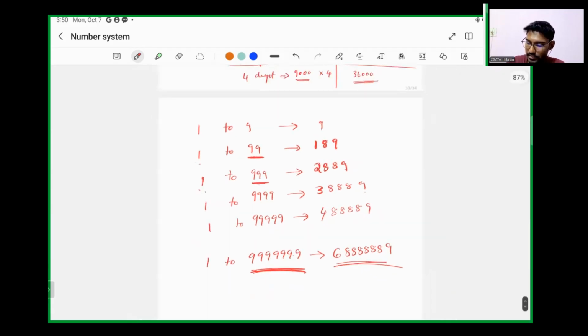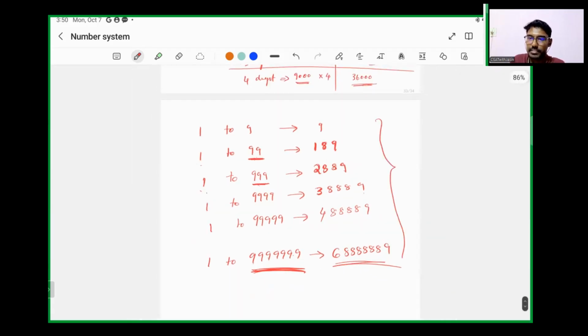If I ask you how many digits are there from 1 to 99, you have to suddenly tell me it's 189. How many digits are there from 1 to 999? You have to tell me it's 2889. So you need to understand that, revise it and come tomorrow. So we can stop for today. Tomorrow we'll do questions from this concept of digits. Okay? Okay, fine.